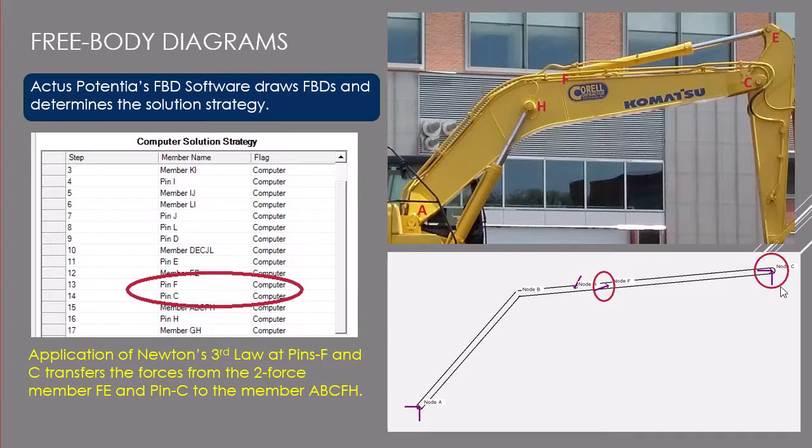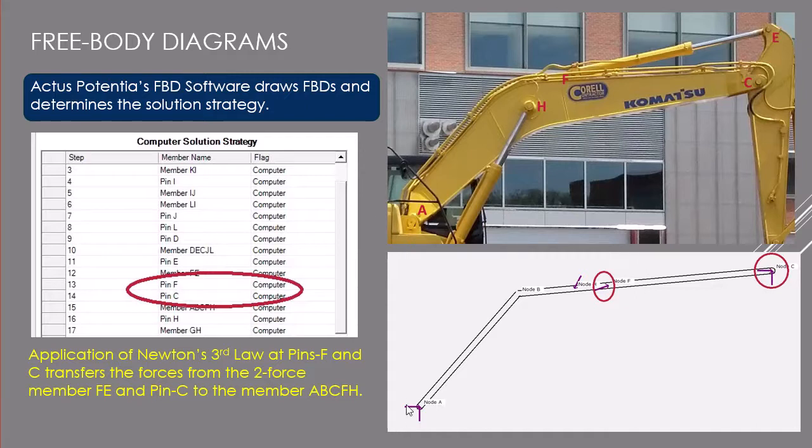So we have already calculated this force at node C. We know the force from the hydraulic cylinder FE, and just because FE is a two-force member, there is only one force here.